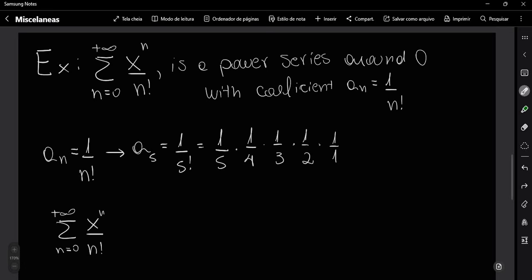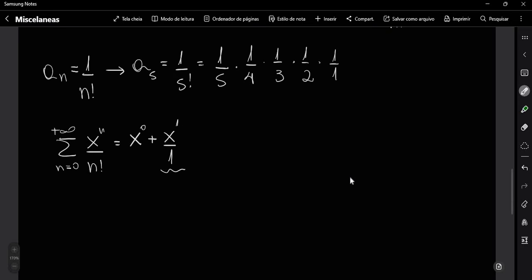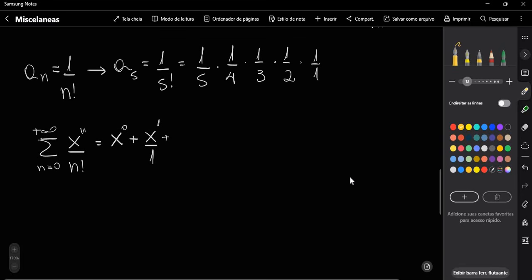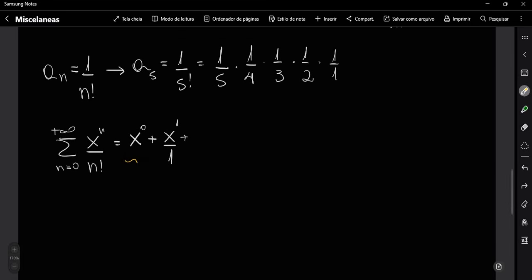Okay, so 0 plus now x1 and 1. So this is for n equals 0. This is for n equal 1.